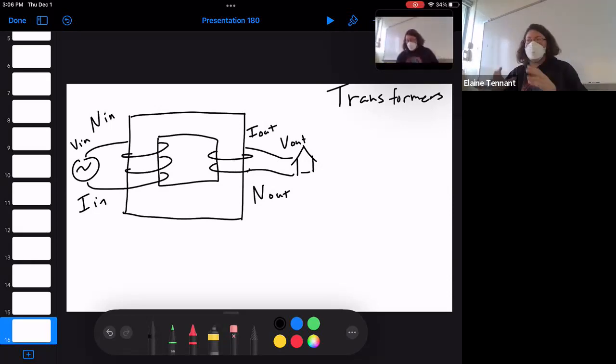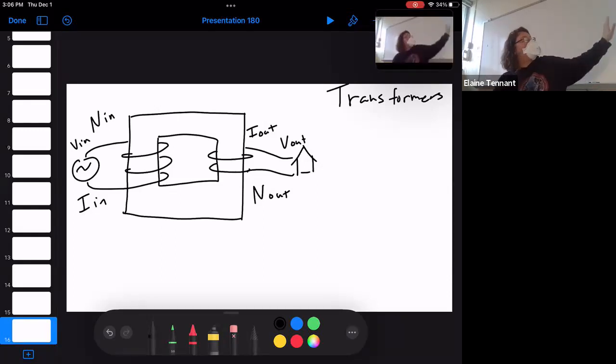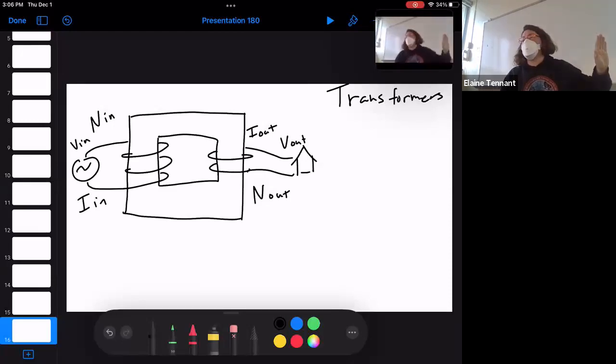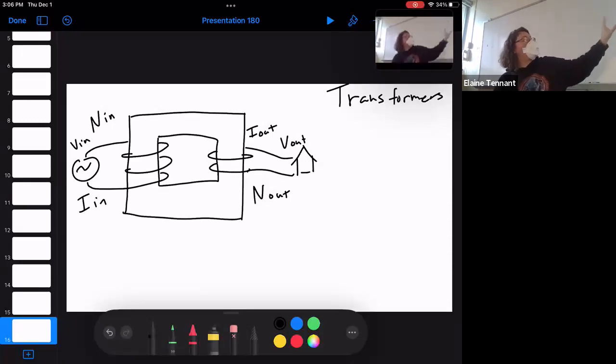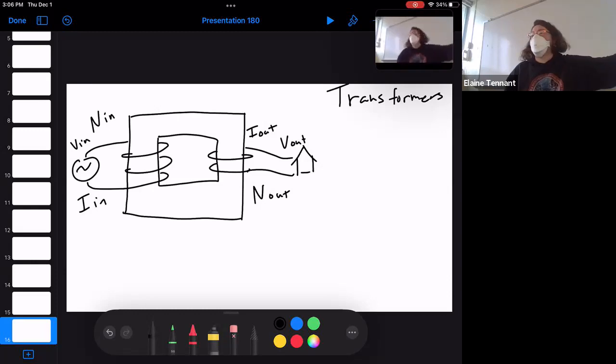Since this is a hunk of metal, and we make sure it's a paramagnetic sort of metal, that magnetic field will exist throughout the whole thing. So if I make my magnetic field with my current going in, my coils on the other side will see it, and they'll see that magnetic field flip up and down as well.